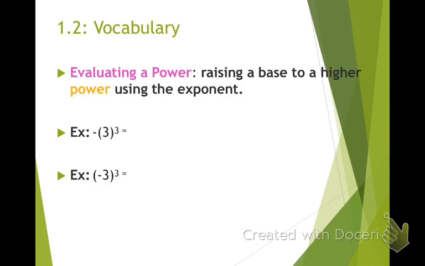Okay, so the first example is really just negative, and then I'm going to have 3 times 3 times 3. What's 3 times 3 times 3? 27. So my answer is negative 27.